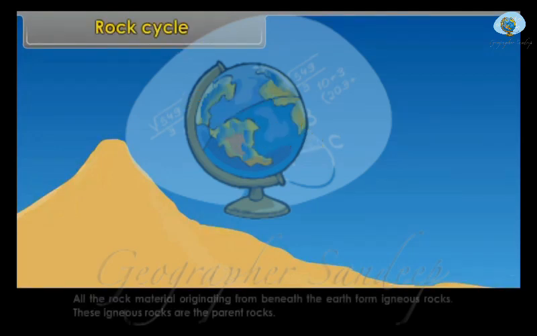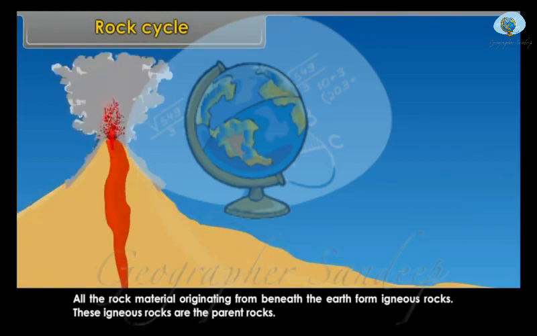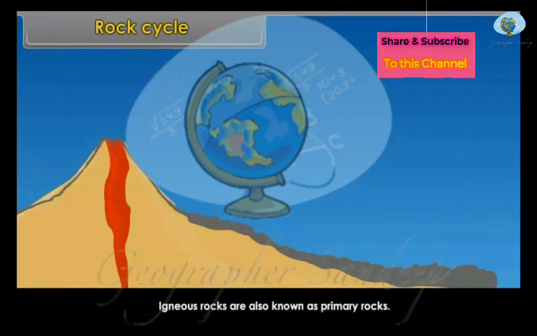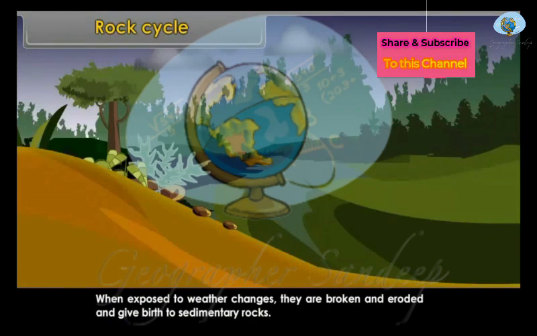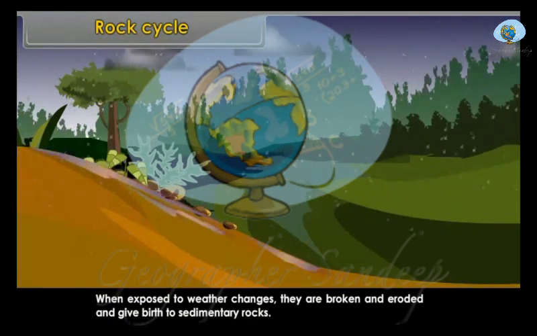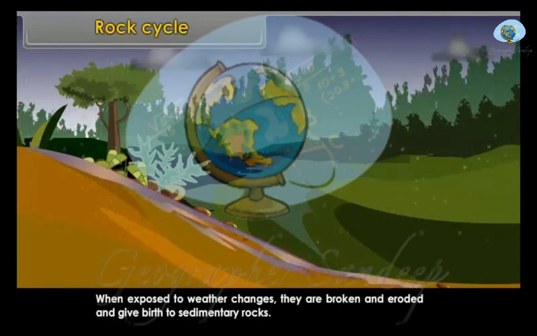Rock cycle. All the rock material originating from beneath the earth form igneous rocks. These igneous rocks are the parent rocks. Igneous rocks are also known as primary rocks. When exposed to weather changes, they are broken and eroded and give birth to sedimentary rocks.